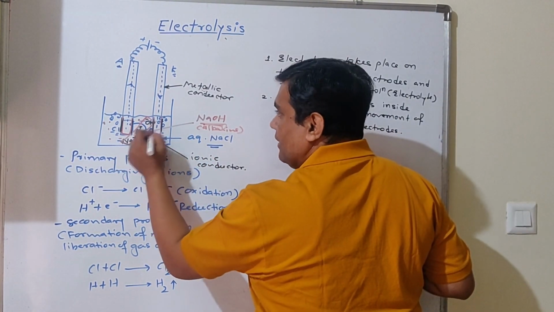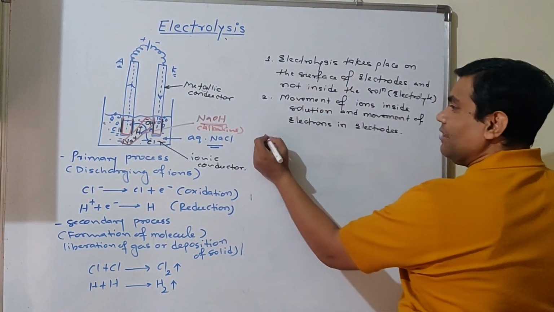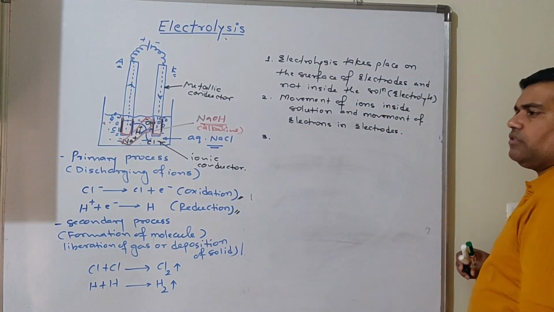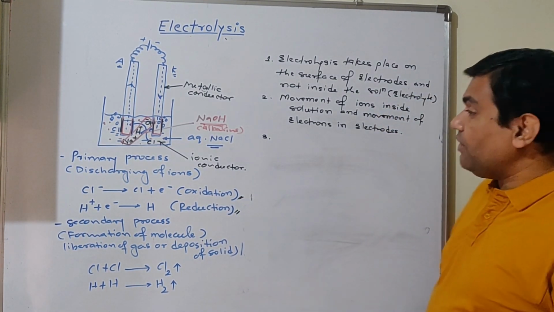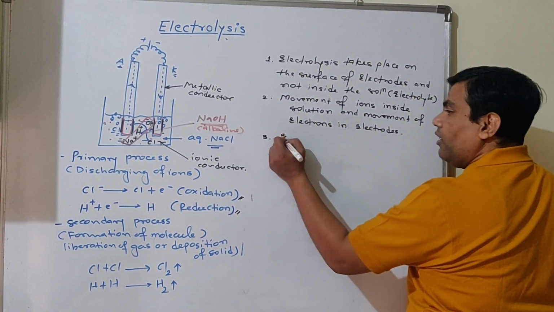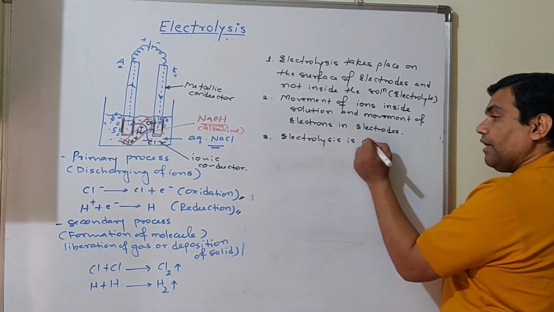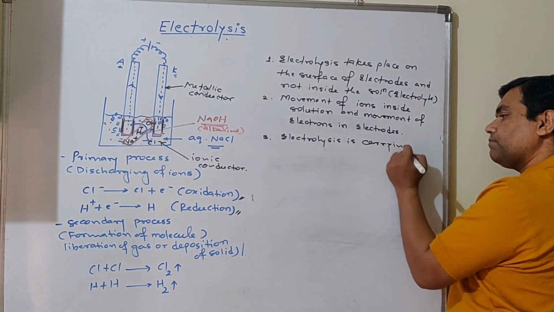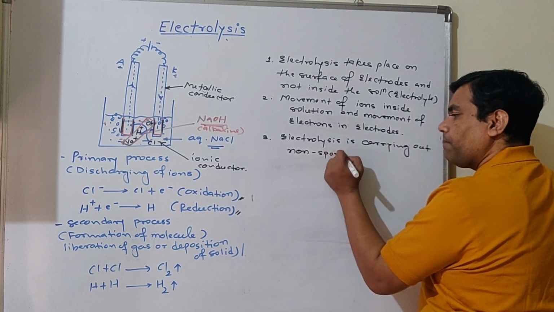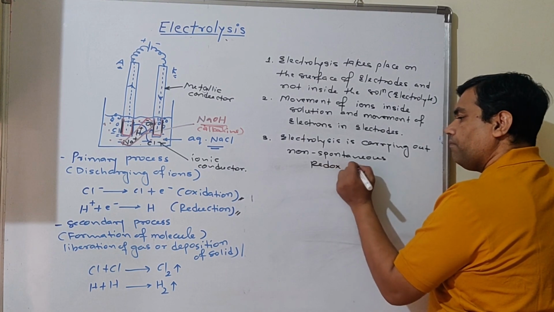As long as these ions will move, the electrolysis is being carried out. Third, because we have said there is an oxidation and reduction, this is a redox reaction, which was non-spontaneous. It was not taking place by its own. So electrolysis is carrying out a non-spontaneous redox reaction.